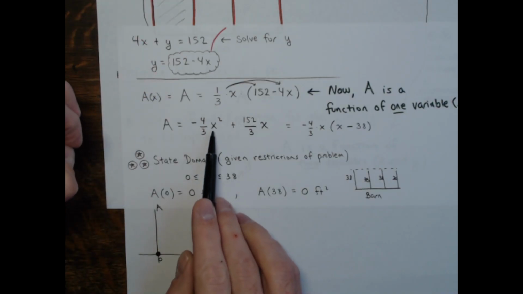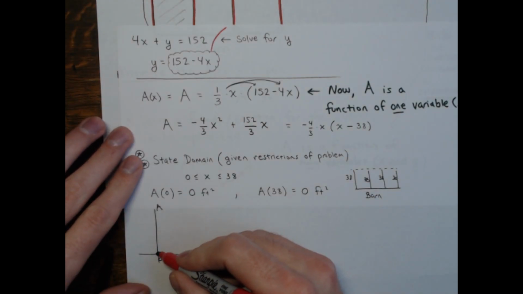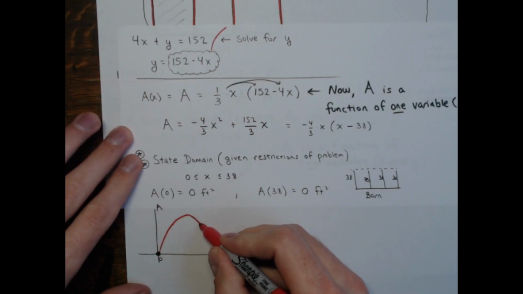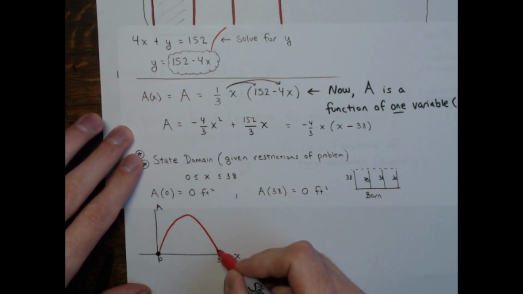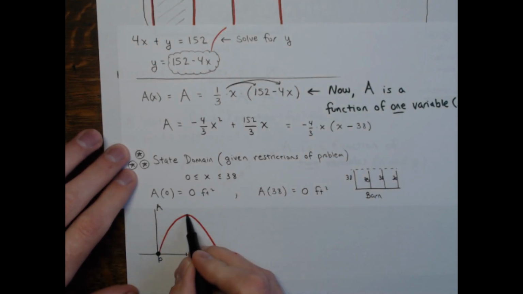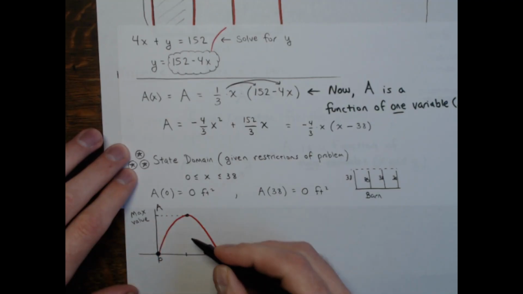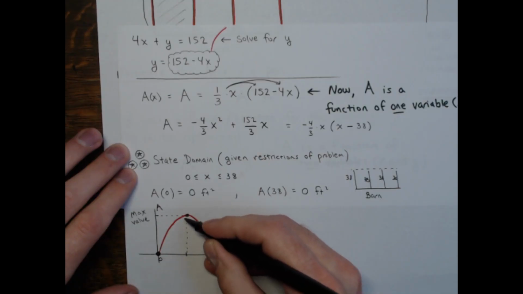And this is a quadratic where the leading coefficient is negative, so the graph would be a parabola opening down. So there's got to be a place where there is a maximum area, right? This maximum area that we're asked to find. So the max value of area is up here at the vertex.